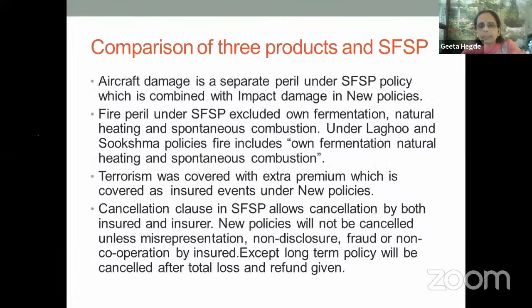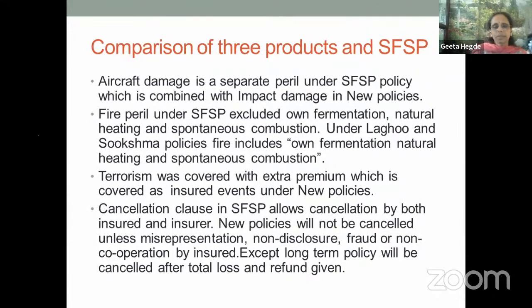Aircraft damage is a separate peril under SFSP policy, which is combined with impact damage in the new policy. Fire peril under SFSP excluded own fermentation, natural heating, and spontaneous combustion, whereas under Laghu and Sukshma policies, fire includes own fermentation, natural heating, and spontaneous combustion. So spontaneous combustion becomes an inbuilt cover.